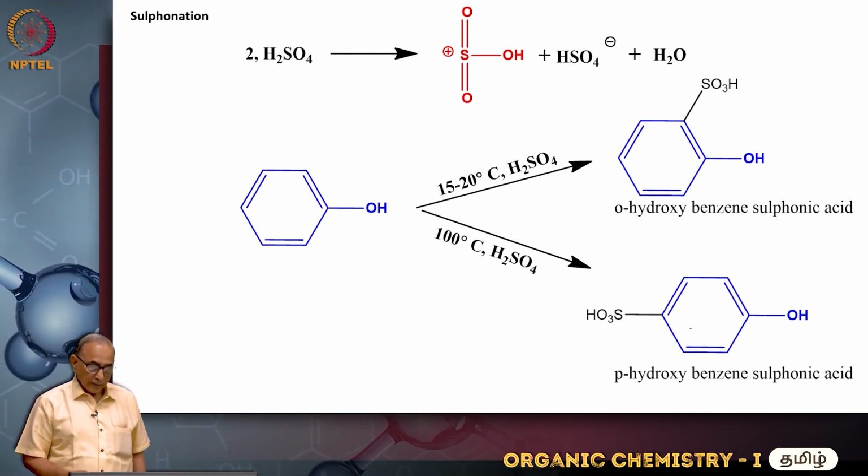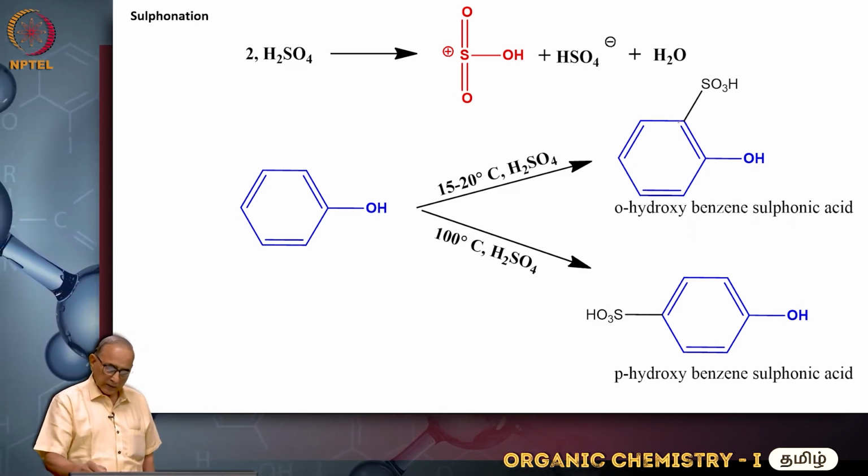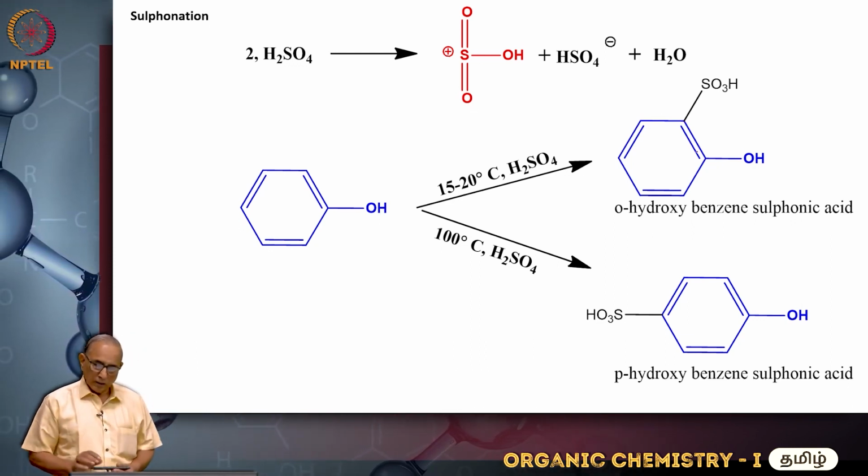So this is the sulfonation reaction. An SO3H group, this plus group, attaches here and loses a proton from that.